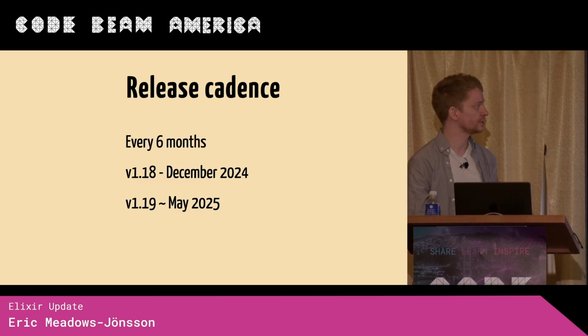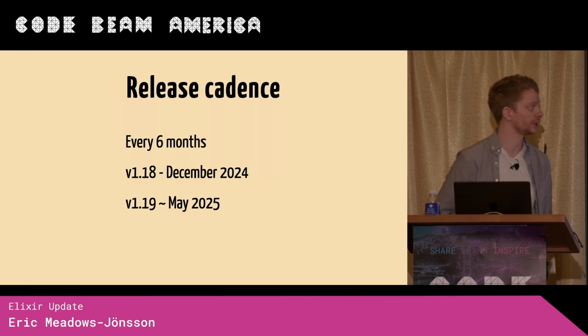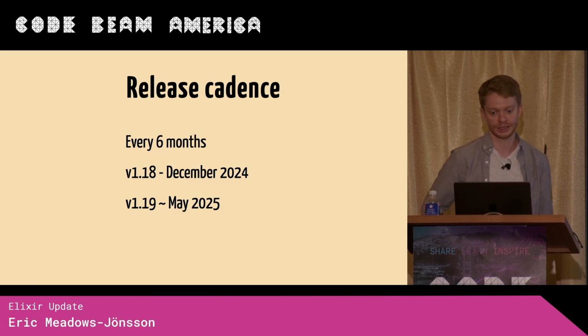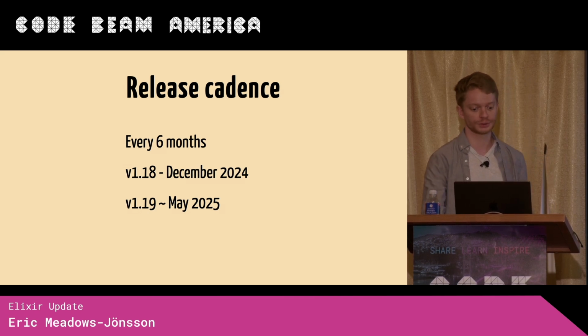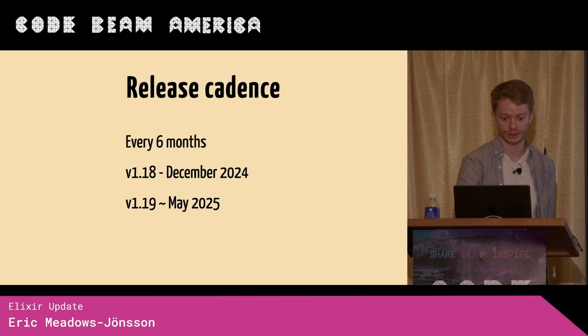So 1.18 is our current and the latest release that we shipped by the end of last year, and we can expect 1.19 in the middle of this year. So we will look at the changes in 1.18, do a quick recap of that, and then we'll jump on to what's changing in 1.19.